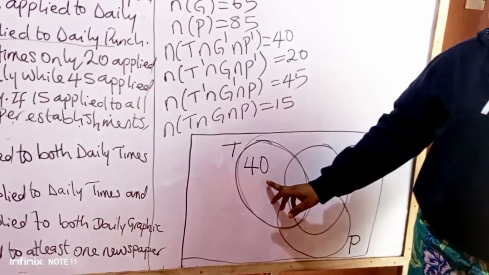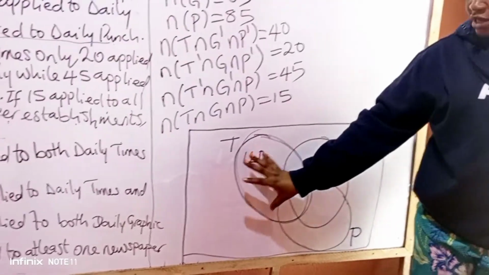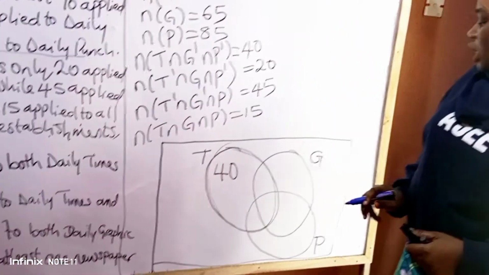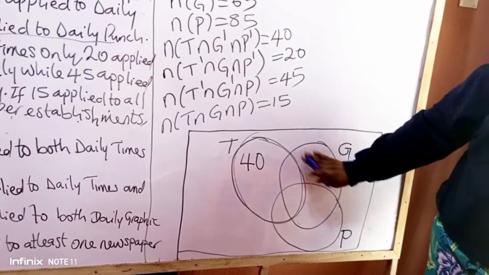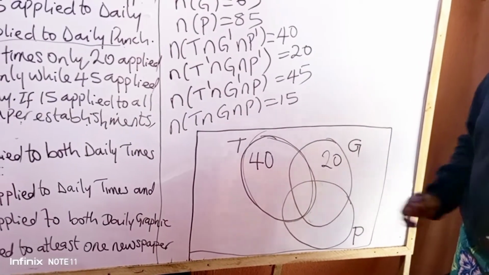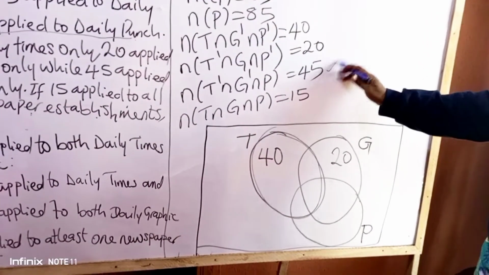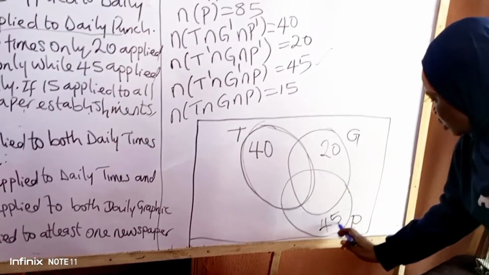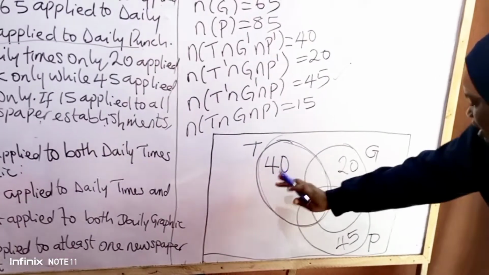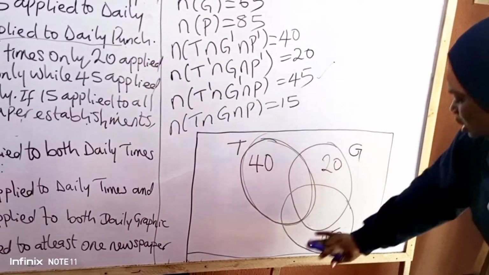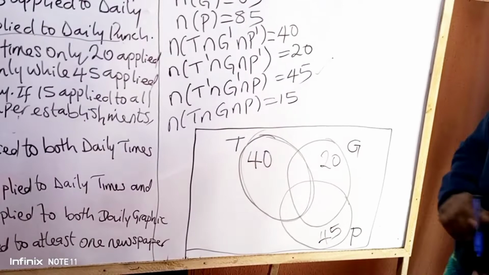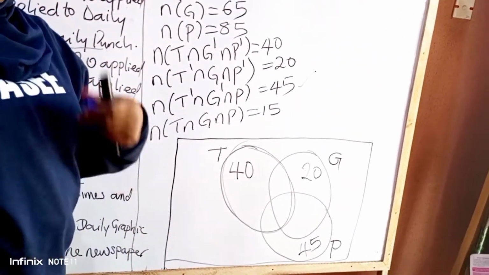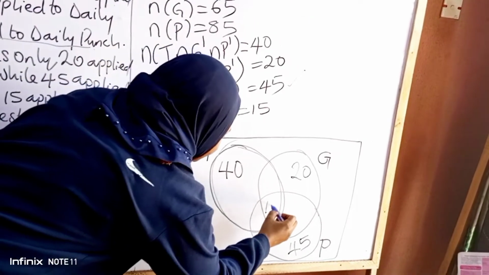So this is for Daily Times only. Graphics only, that is this side, is 20. Punch only, this side, is 45, where it doesn't affect Daily Times or Daily Graphic, it's only Daily Punch. Now, 15 apply to the 3 newspapers, that is their intersection. So here is 15.